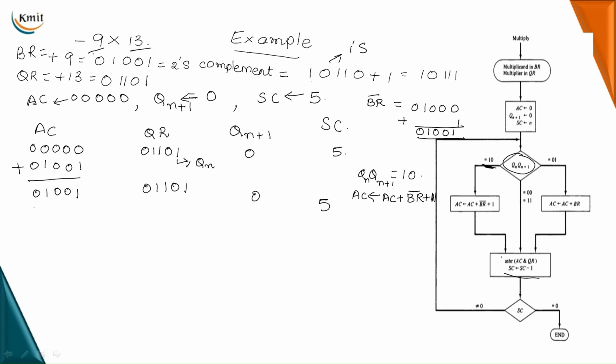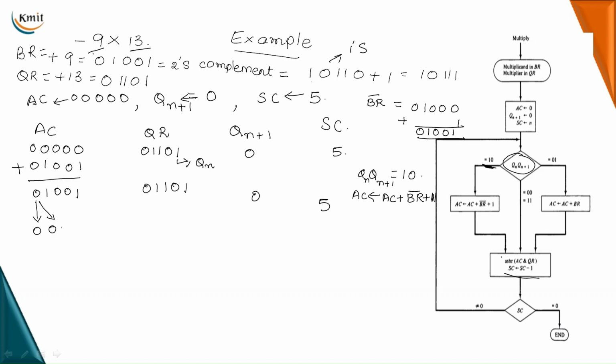So I have to perform an arithmetic shift right. Performing an arithmetic shift right means you shift the contents of your register towards the right, and in case of arithmetic shift, the most significant bit of the AC register stays in its position, and the next bit is also represented by the same MSB of the AC register.